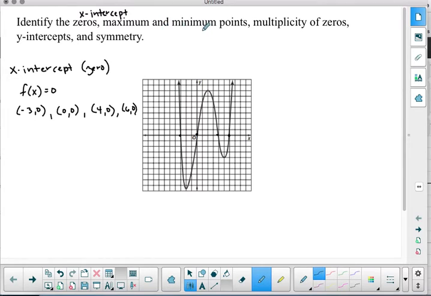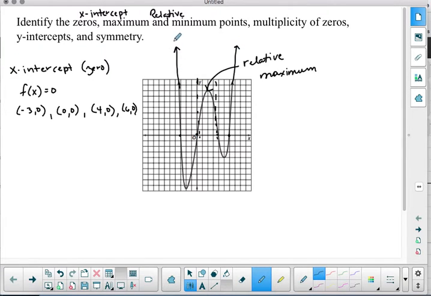We also have maximums and minimums, and here we're going to refer to them as relative maximums and minimums. Relative maximums and minimums are for a given section of the graph. We have a relative maximum. You'll notice here we can't call it an absolute maximum because this graph is going to keep going up towards positive infinity.